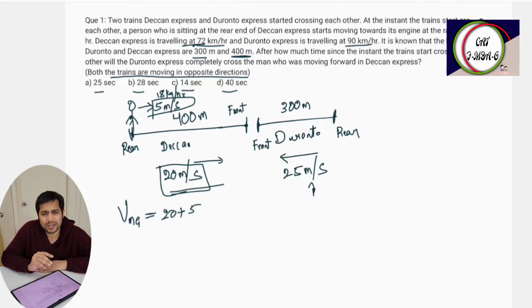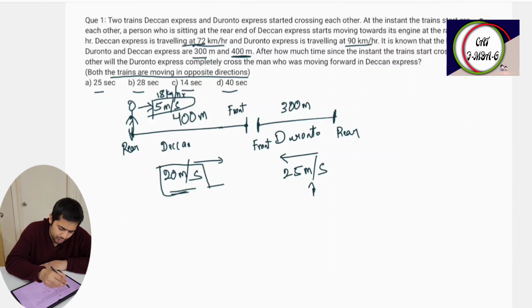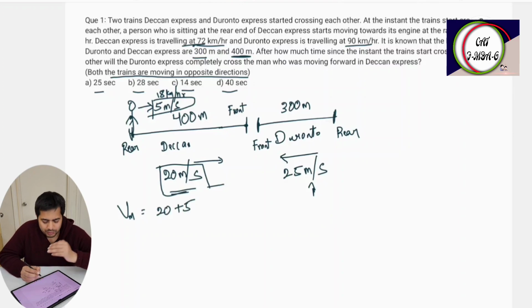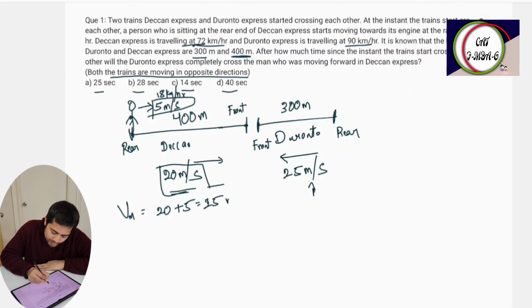You need not write this, just write Vm, velocity of man. You need not go to relative and all. Vm is equal to 20 plus 5, because Deccan is moving at 20 and the man is moving at 5. So the combined speed is 20 plus 5, equal to 25 meter per second. Okay, simple.